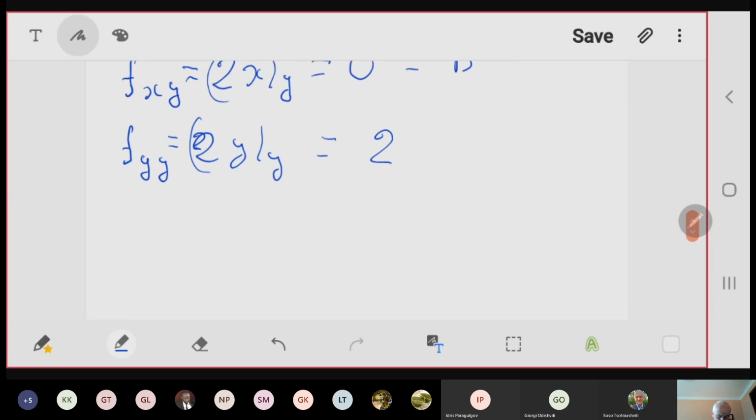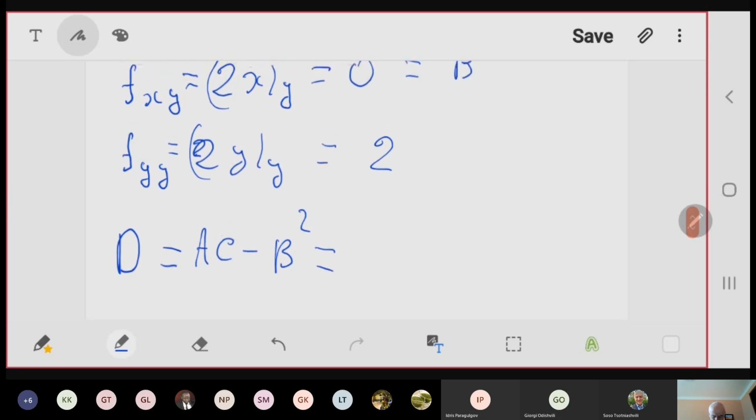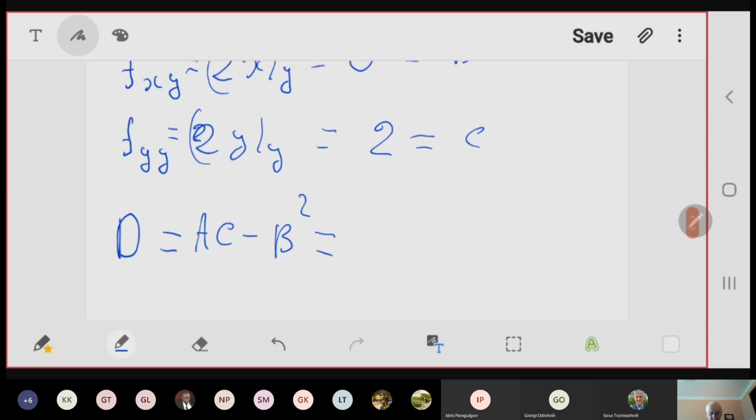Okay, now we need to find the number D, and this D is A times C minus B squared. So what is A times C minus B squared? It's very easy to calculate. It's 2 times 2 minus 0 squared. So it's 4.